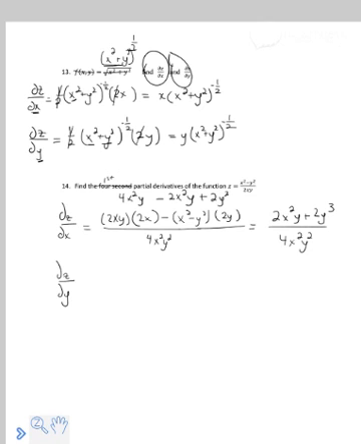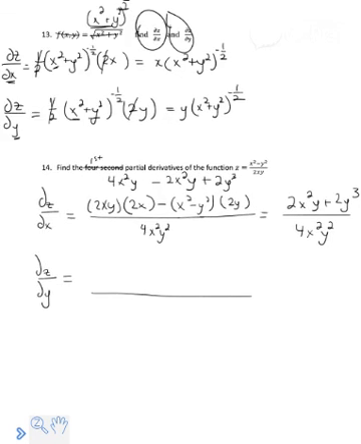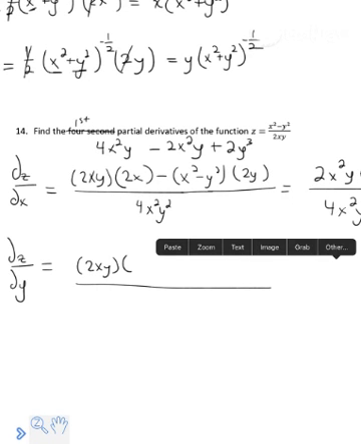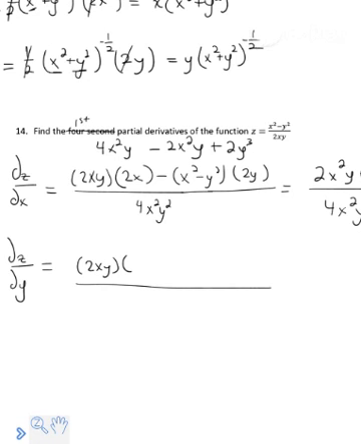Now, the partial derivative of z with respect to y, same thing, it's going to be a quotient rule. So we've got low d high. Now up in the numerator with respect to y, x squared is the constant this time, whose derivative is 0. So the derivative is going to be 2y, minus high d low.